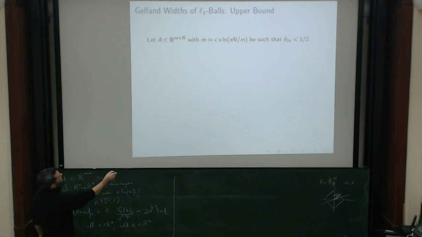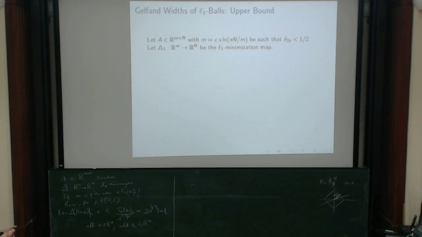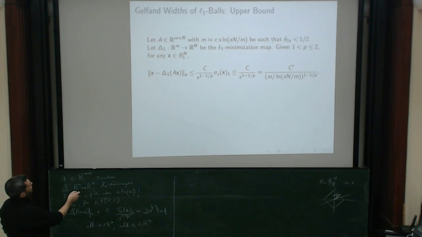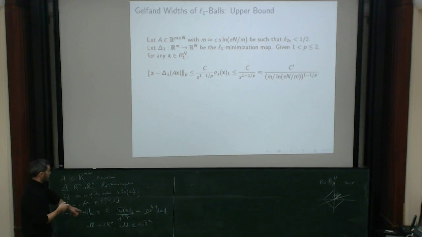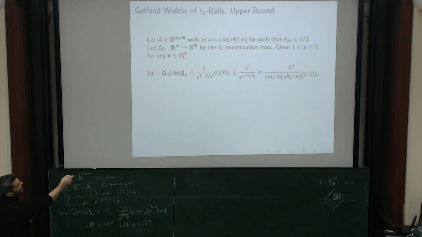Okay, and so this follows from the lecture from yesterday where I showed you the restricted isometry property for random matrices. We take delta to be, let's say, the L1 minimization map. So what we know is that x minus delta_1 of x, in fact, I've already written that here, is smaller than the distance from x to S-sparse vectors in L1 norm, and then there is this factor of S. Now, I started with saying that x is in K, which is the L1 ball.